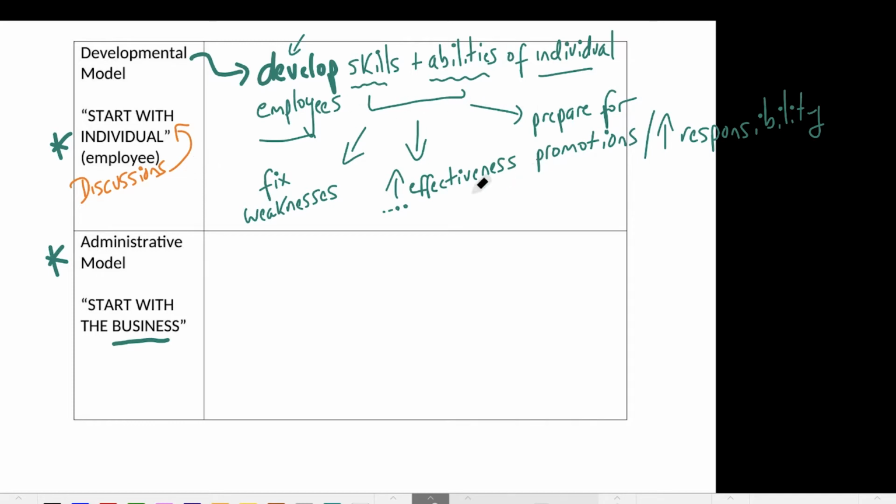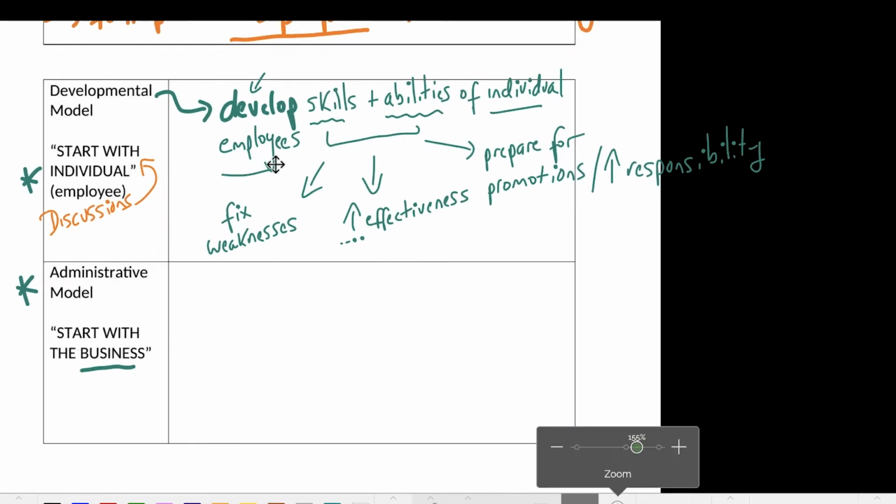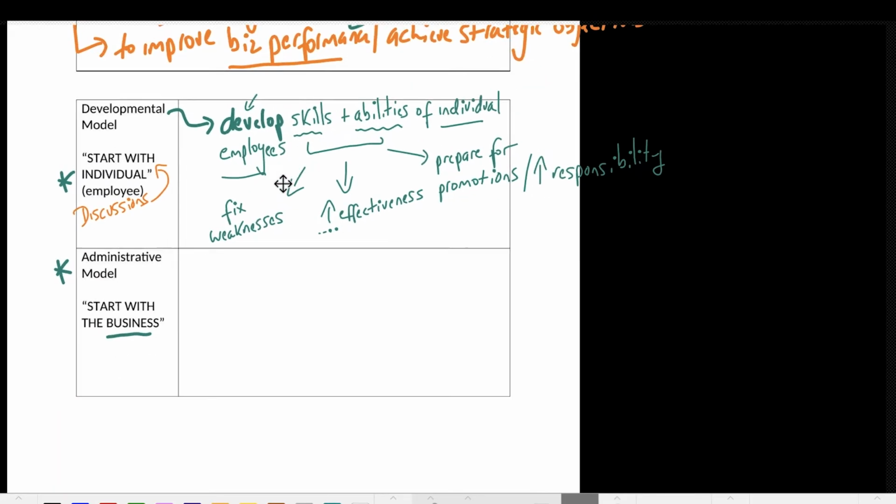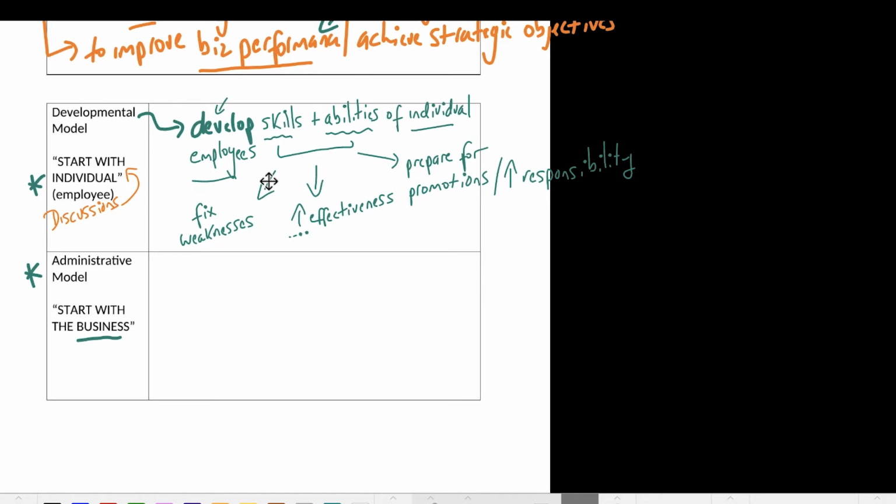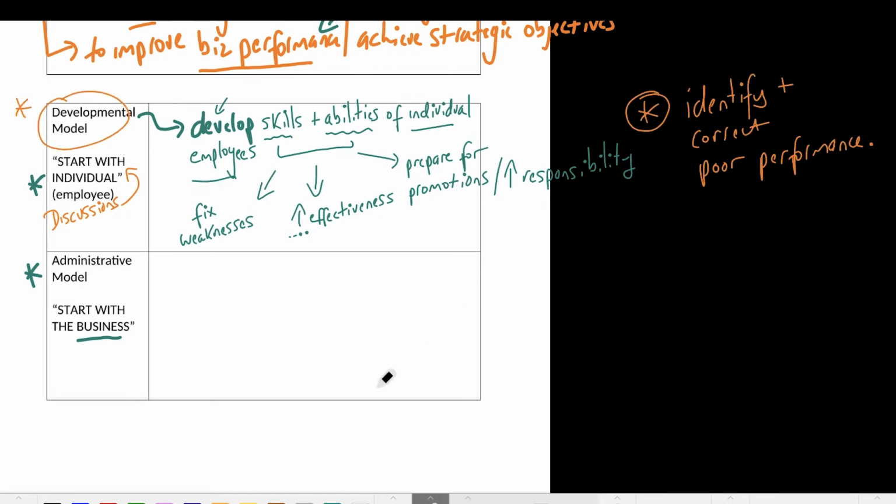What we are trying to do with this process, and I'll just zoom out a little bit and come over here, is promptly identify and correct poor performance. Because if we're not paying attention to individual employees and they're doing a bad job over the course of the year or even more, then that could be a real negative for the business.